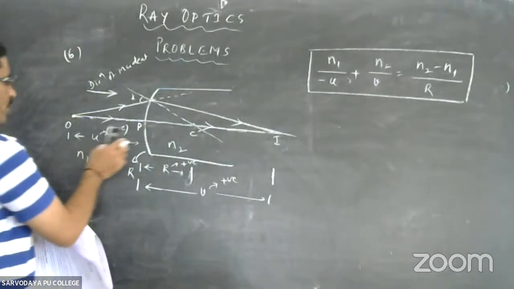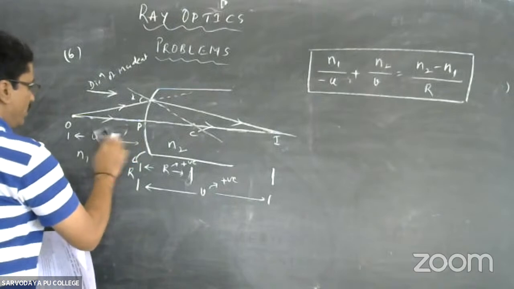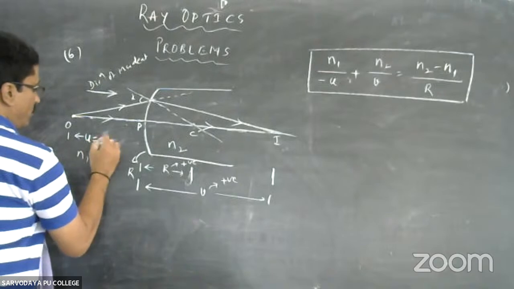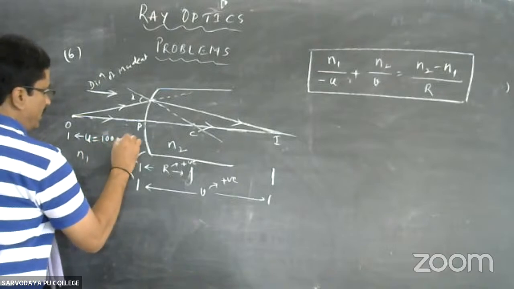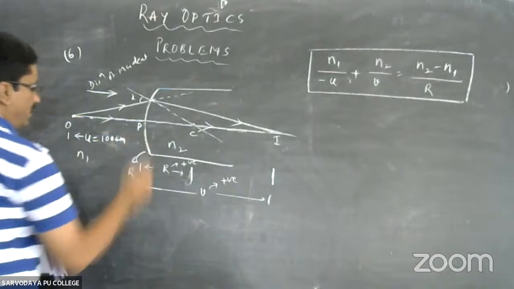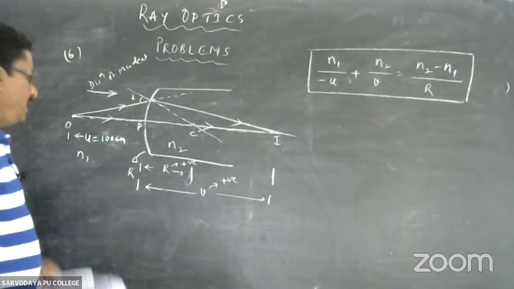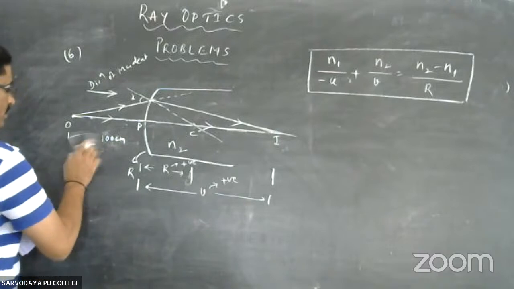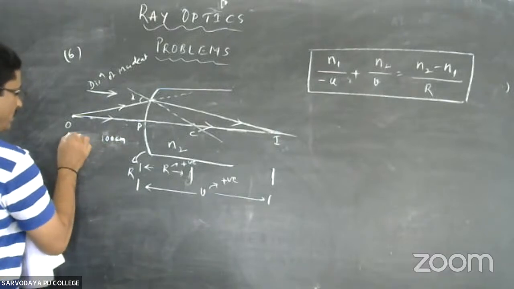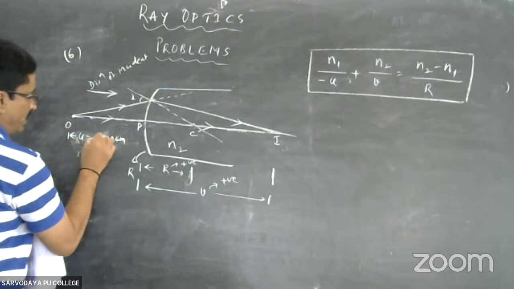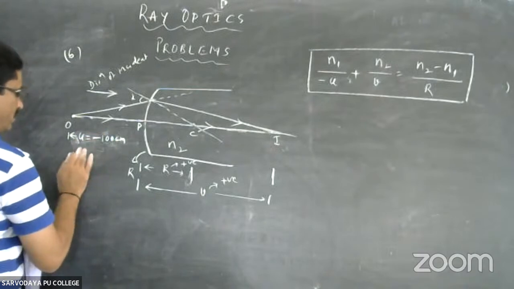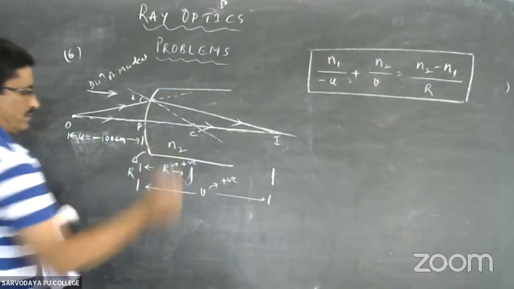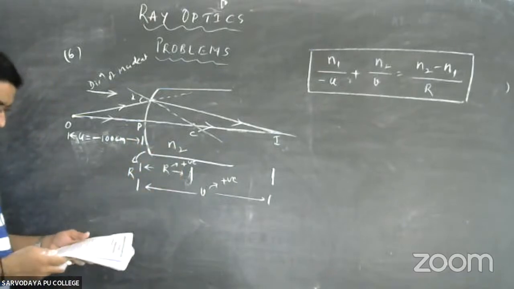In fact, a point source has been placed, and this u they have given, which is 100 centimeter. The sign convention clearly gives the idea: this is minus. So u that they have given is minus 100 centimeter. Radius of curvature also they have given.